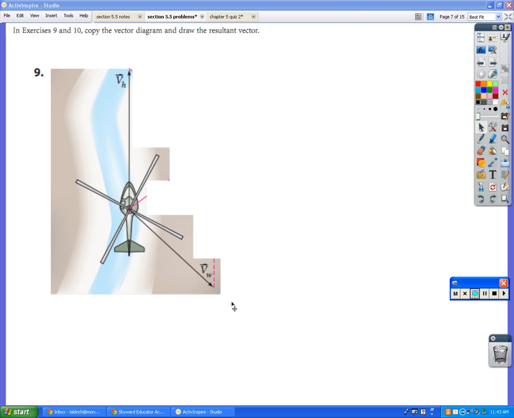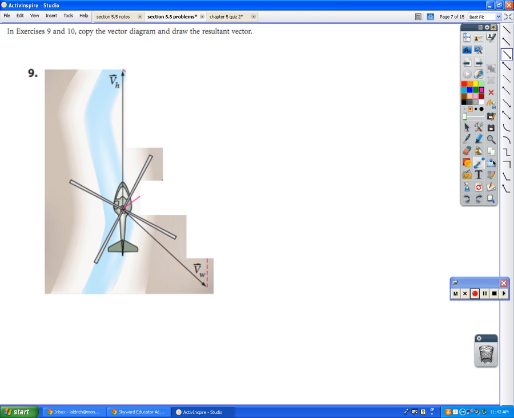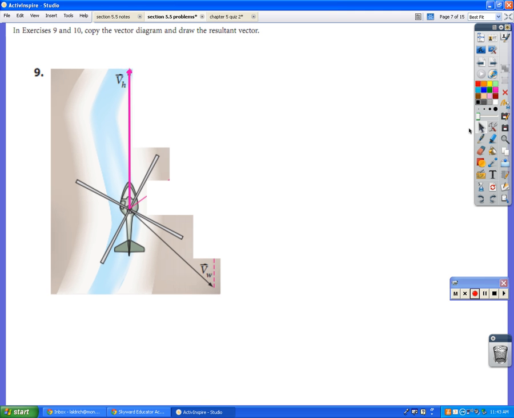So can you kind of see in your head that the helicopter is going to end up flying somewhere in between those two things? Okay, because it's pointing that way, but it's getting blown this way. The way you find the direction which it will go is you make a parallelogram using the vectors, the arrows that they've given you already.